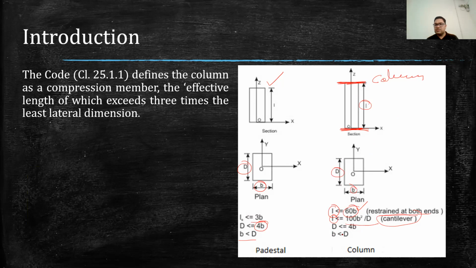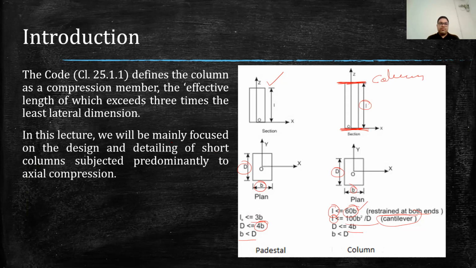Now, B is generally less than D, but the limit of D is also there. D should be less than or equal to 4 times of B. If D exceeds 4 times of B, in that case, we will treat that column as a wall. So these are some of the specifications related to the column dimensions.